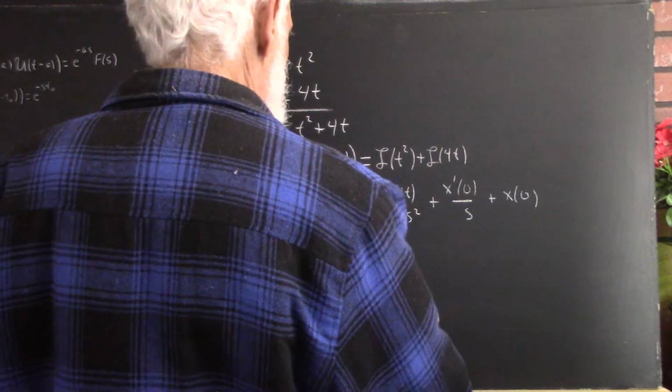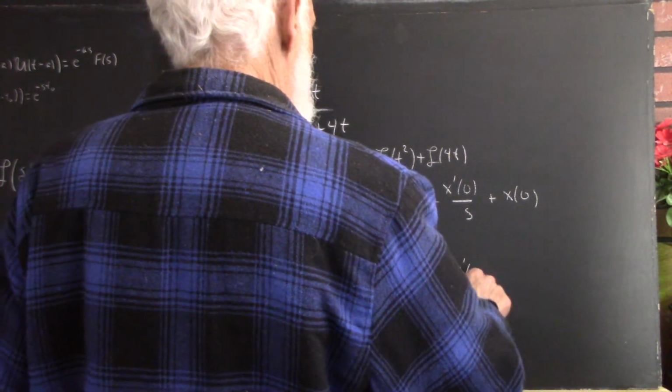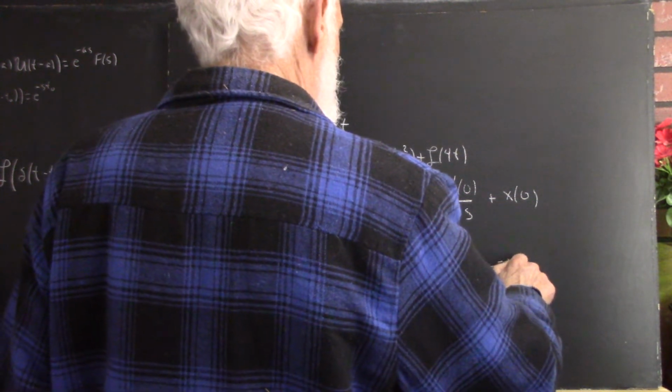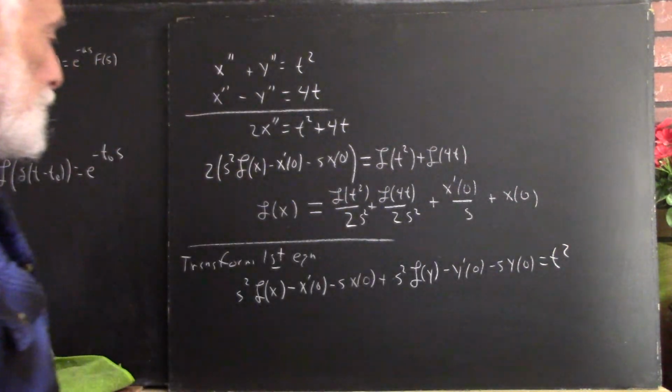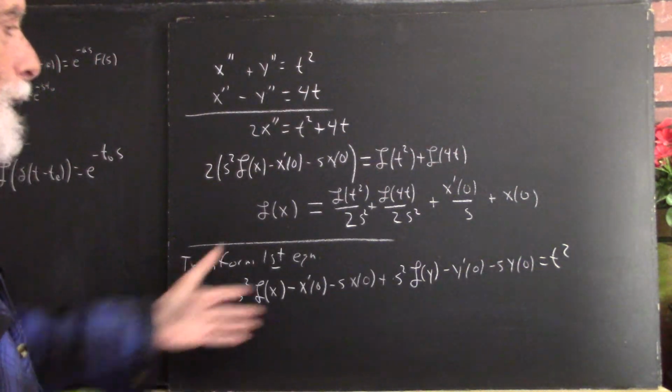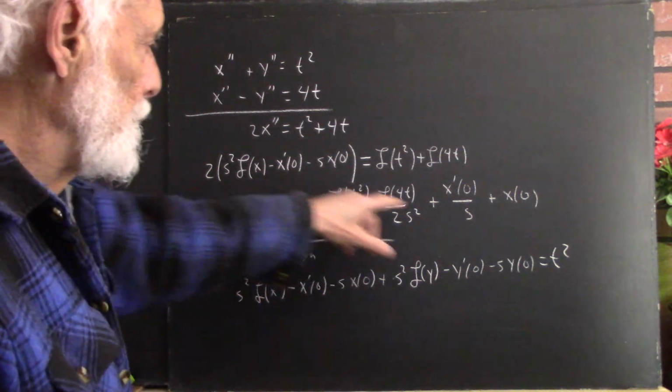That's going to be s squared L of y minus y prime of 0 minus s y of 0 equals t squared. Again, let's hope I'm doing this correctly. And now we've got L of x that we can plug in from here.